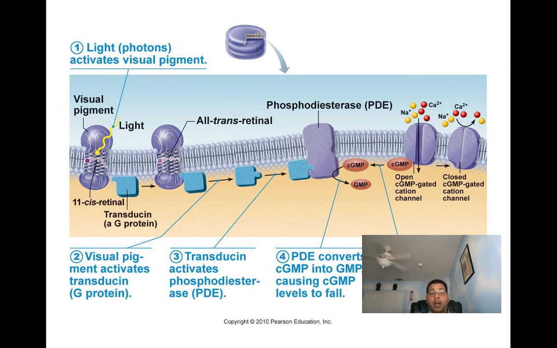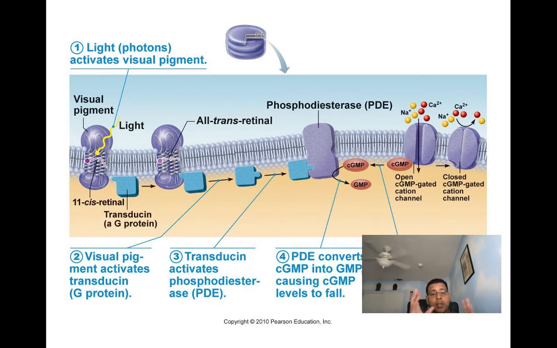In the dark, guanylyl cyclase converts GTP to cyclic GMP. Cyclic GMP then binds to cation channels, holding them open and allowing sodium and calcium to enter, depolarizing the cell. So let's say now we've got dim light.